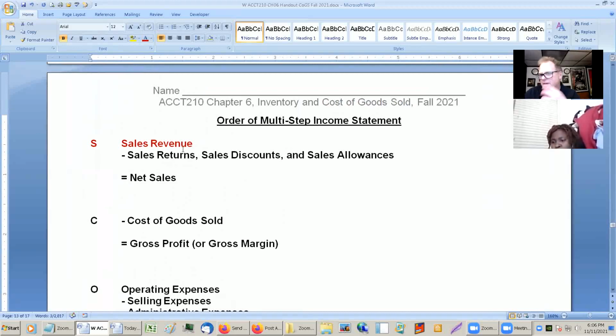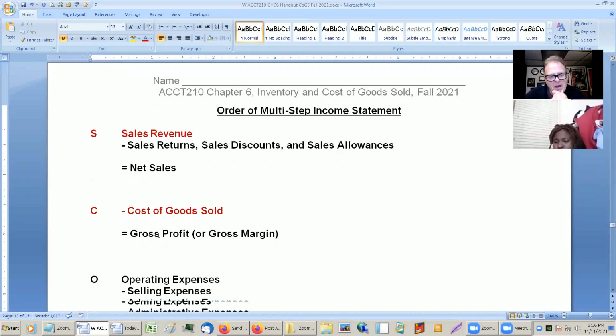Just like before on the income statement, we start out with sales or revenues, same thing. Move to C, which is cost of goods sold, kind of like what we did in the handout. Get the gross profit. So this is all exactly the same as we had in the handout so far.